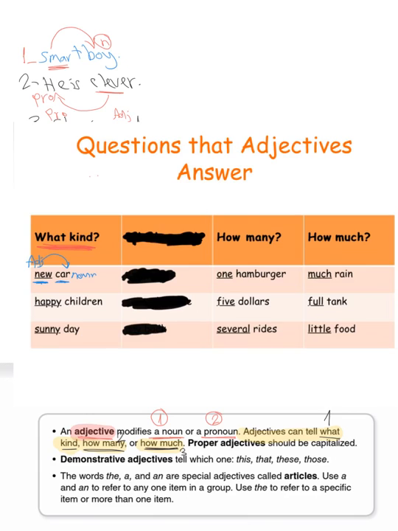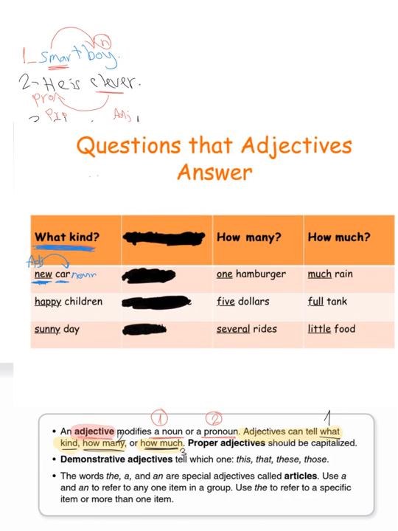So if someone told me, I bought a car, and you want to know more about this car, you may ask, what kind of car did you buy? So he'll say, a new car. This word new gives you more information about the car, that it's new. So what kind of car? The new car.